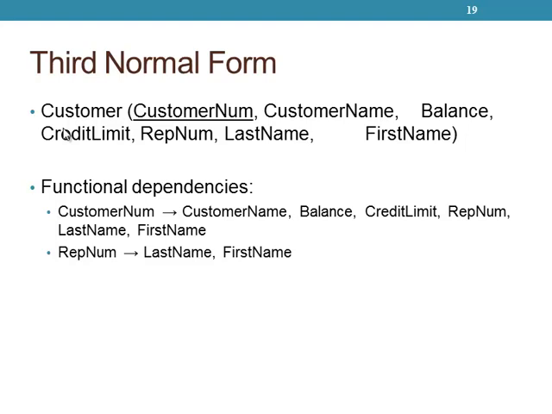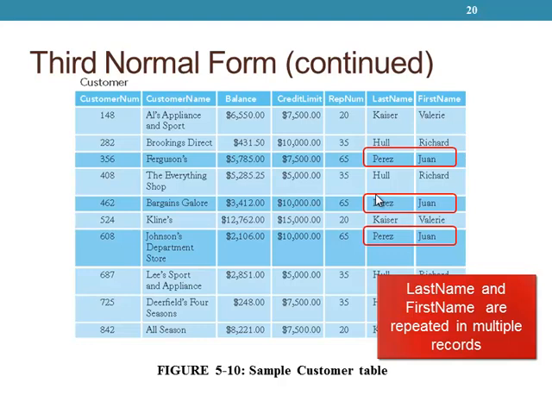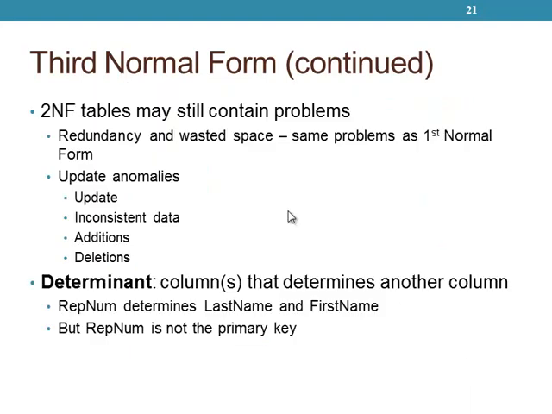If you want to put this into third normal form, what you're doing again is you're looking at dependencies. All of these things depend on customer num, but you can see that last name and first name are functionally dependent also on rep num. First and last name, it's dependent on rep num. So the right way to do that, again, is to avoid anomalies.